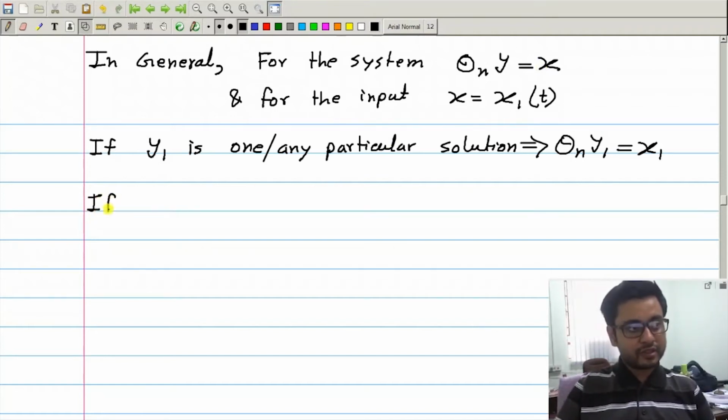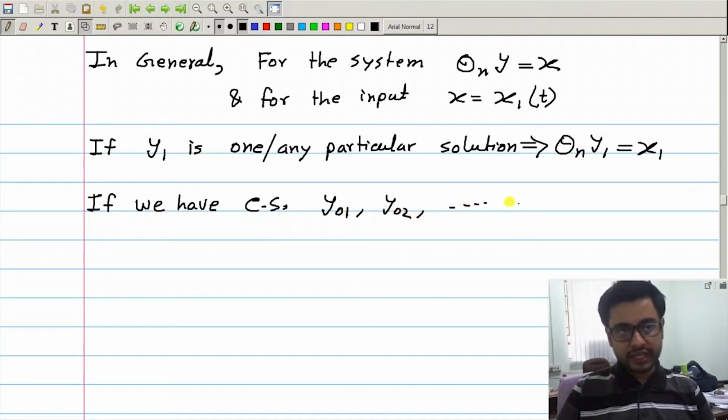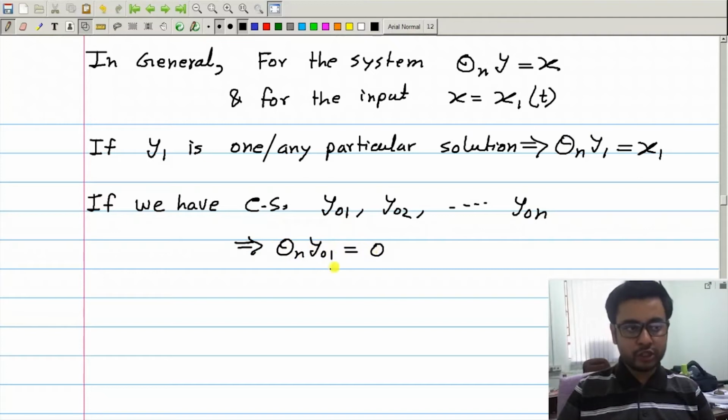And if we have many complementary solutions like y01, y02, say up to y0n, which means that L acting on y01 is equal to 0, and L on y0n is also equal to 0.